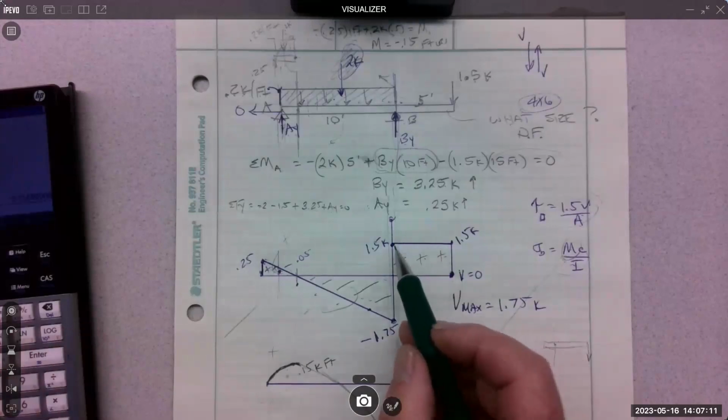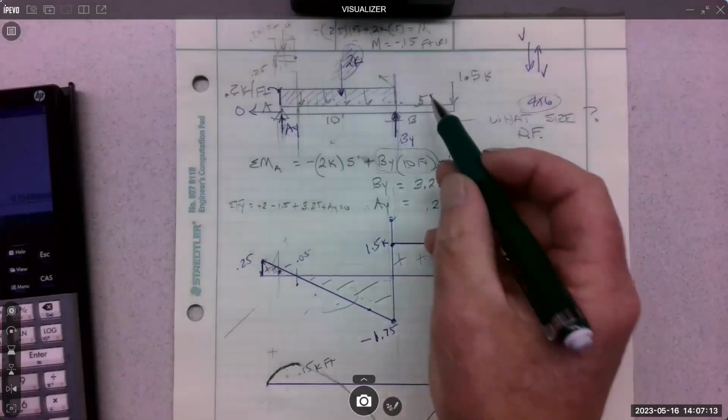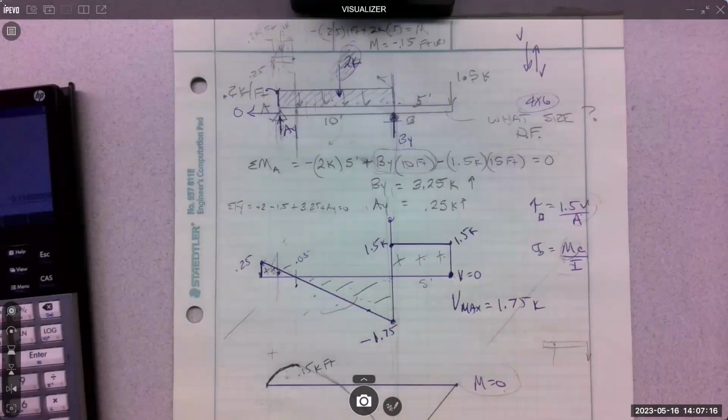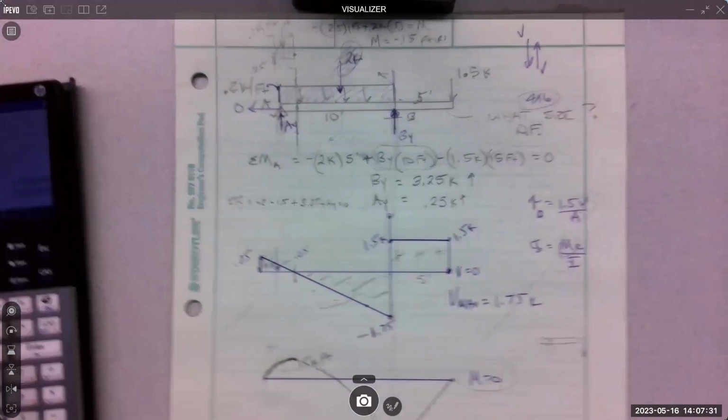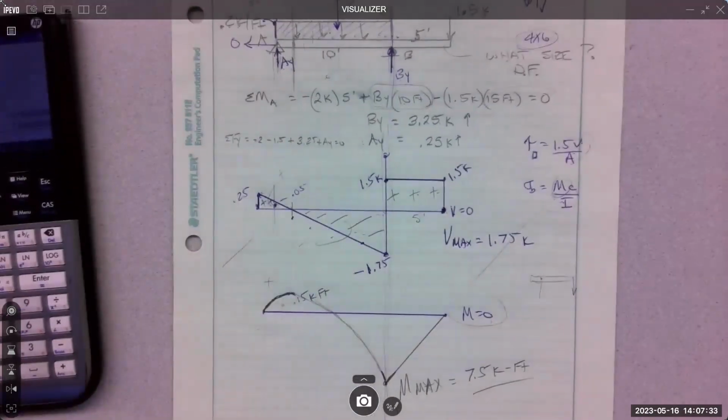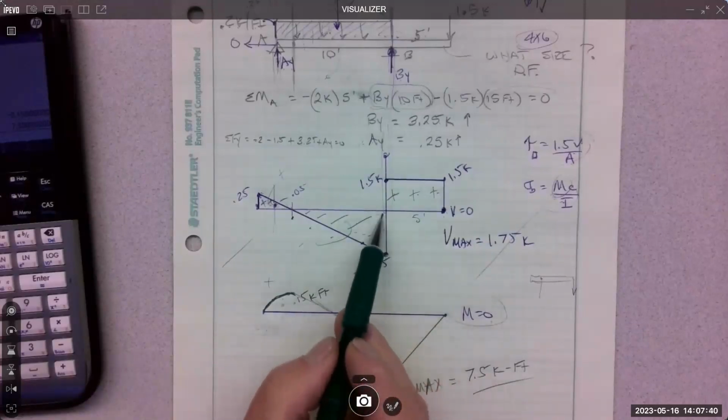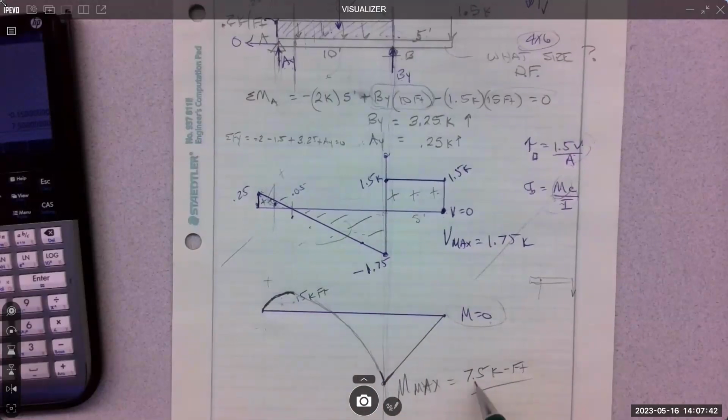Piece of cake, 1.5 times 5 feet, 7.5. Right? Height is 1.5. Base is 5 feet. The moment here, 7.5 kip feet.